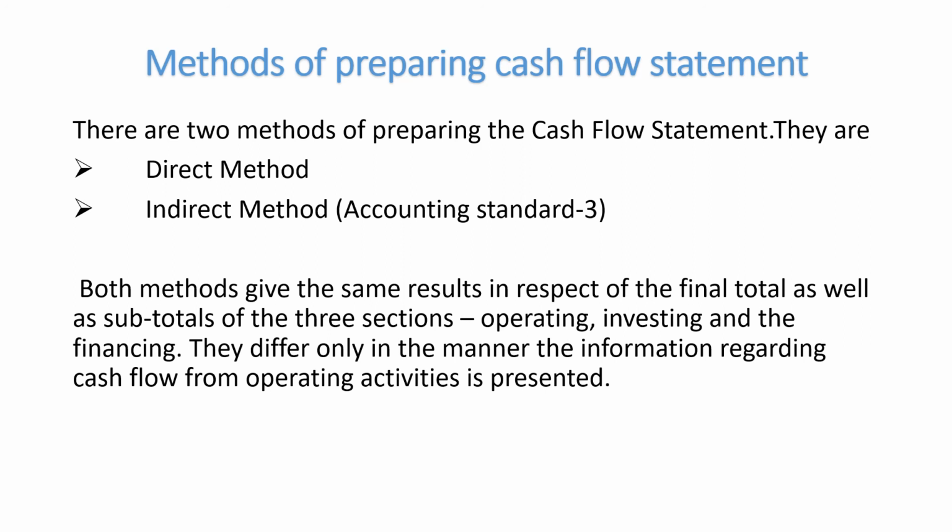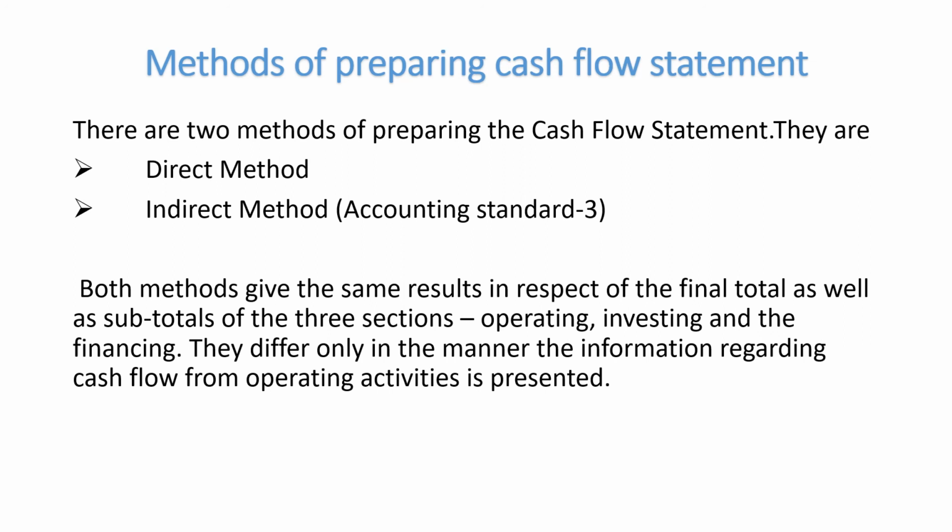Methods of preparing cash flow statement. There are two methods of preparing the cash flow statement: the direct method and the indirect method. The indirect method of preparation is also known as preparation of the cash flow statement according to the provisions of Accounting Standard 3.